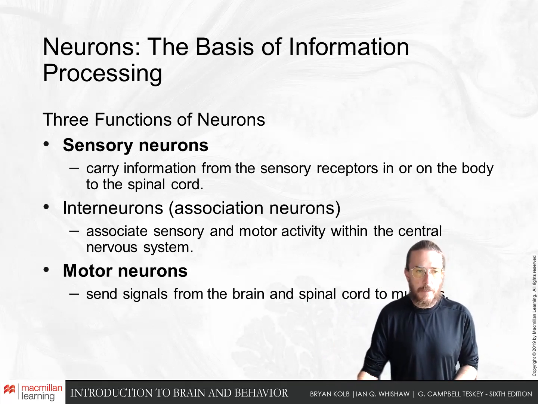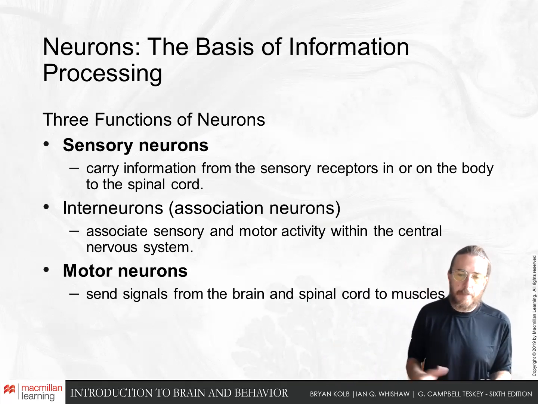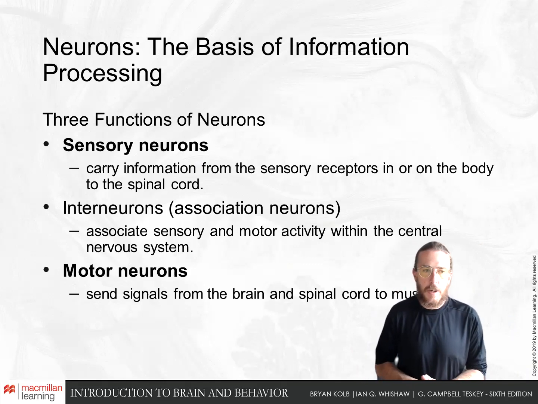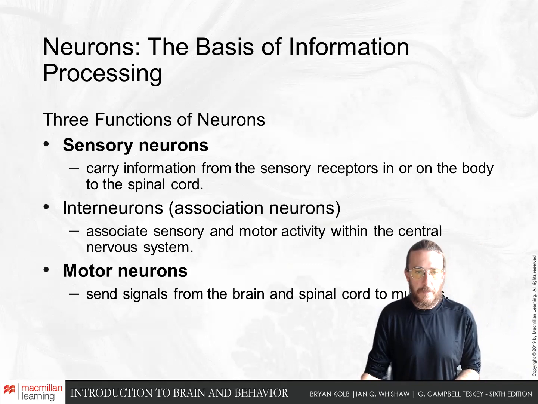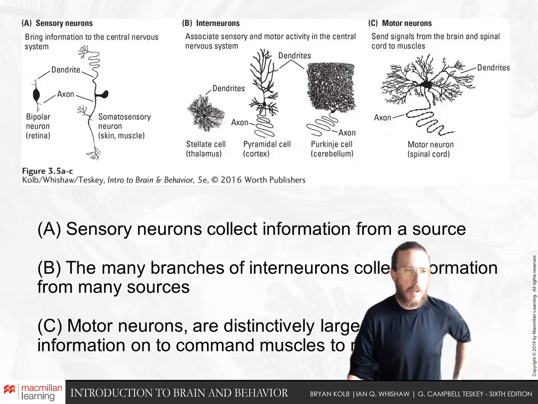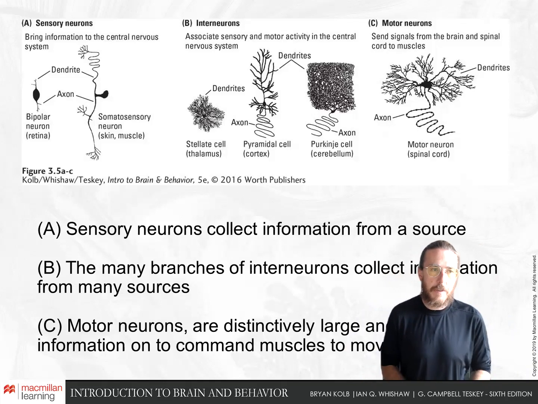So most of our brain is then interneurons, these in-between computational devices, in between the incoming sensory information and the outgoing motor information. So in general, sensory neurons collect information from their dendrites and pass it down through their axons.